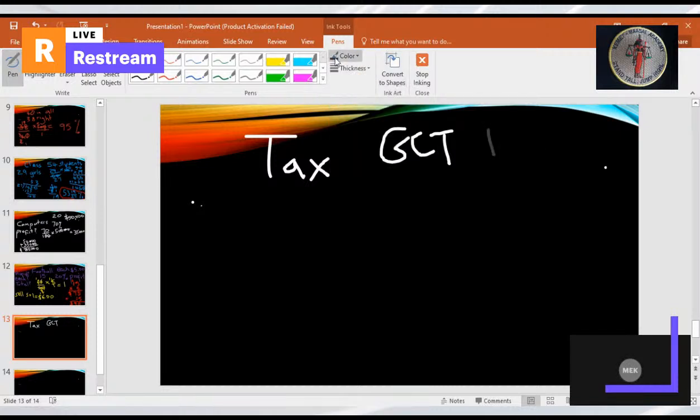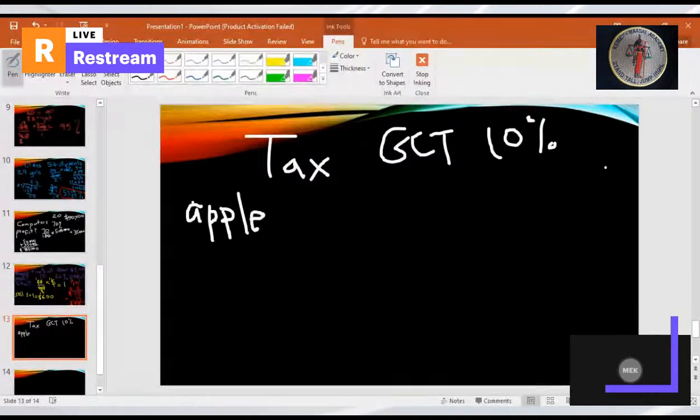Oh my, I chose the wrong color. So you're going to the store, you're going to buy an apple. For that apple, you're paying the cost, the marked price on the apple. Let's say that is $4.